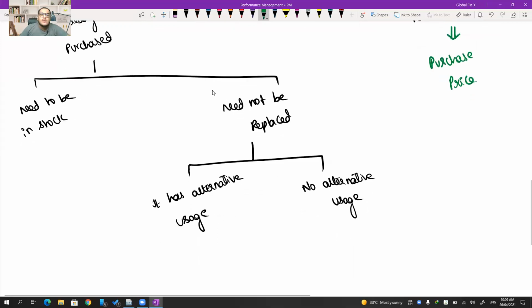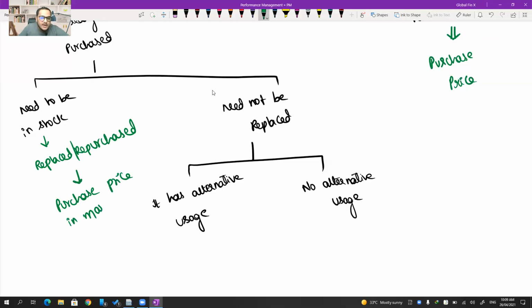Now second case is where you already purchased the stock and it needs to be in stock. It has to be replaced or repurchased. So if it has to be replaced or repurchased, again the purchase price of the material only will be the relevant cost, the purchase price in the market, not the original purchase price. We are talking about the purchase price in the market on the date of usage.